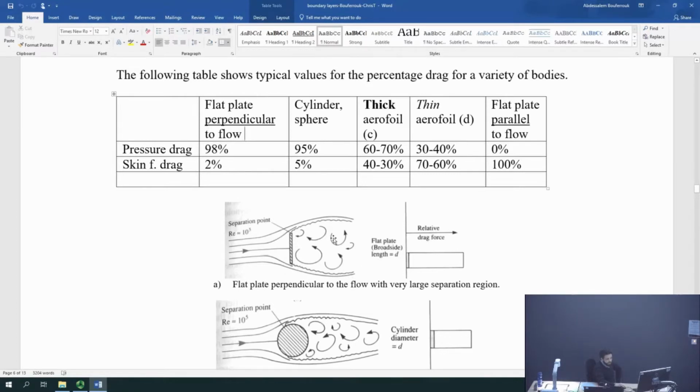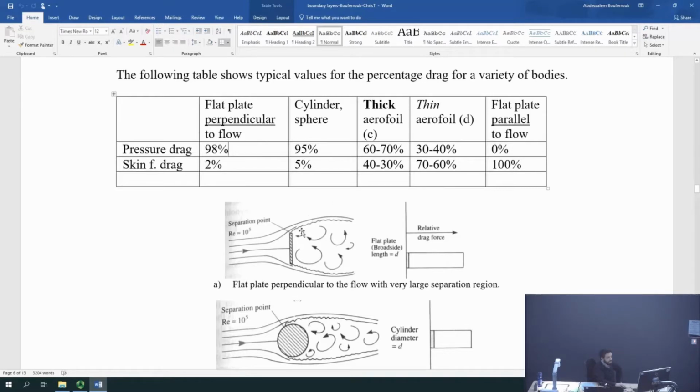So really it's completely separated flow. In that case, your pressure drag is basically almost the whole drag on the aircraft. The skin friction drag is only about 2% typically.